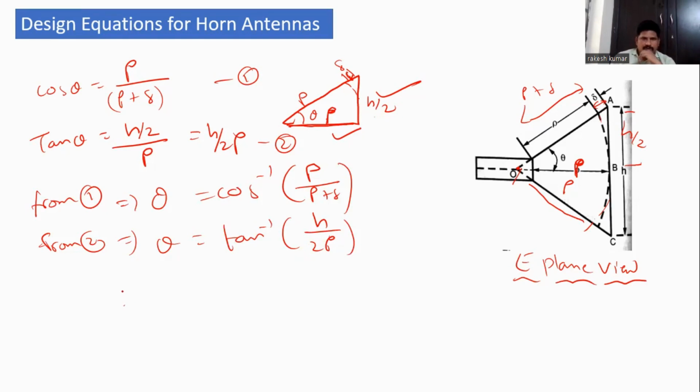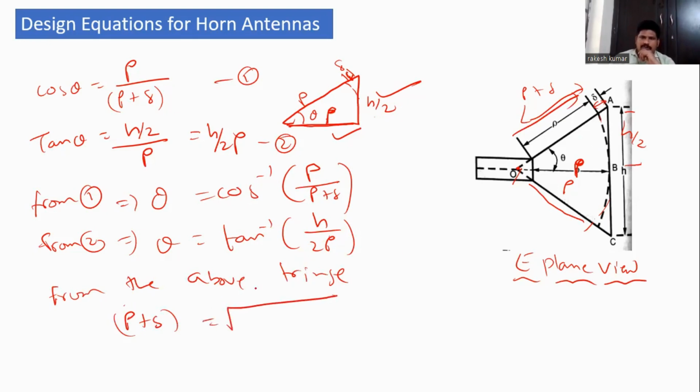From the above triangle, you can write the hypotenuse, rho plus delta, as the square root of the opposite side squared, h by 2 whole squared, plus rho squared.